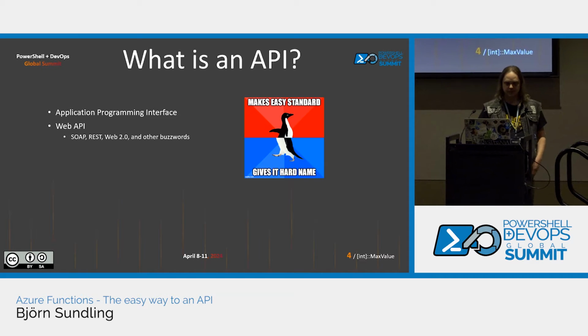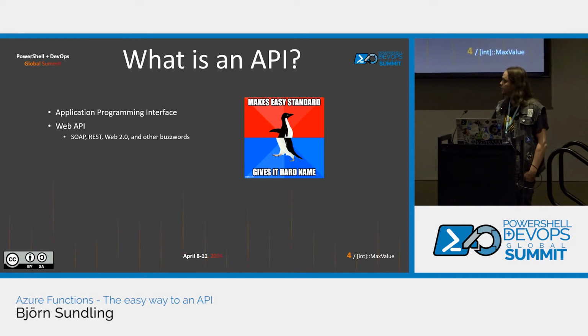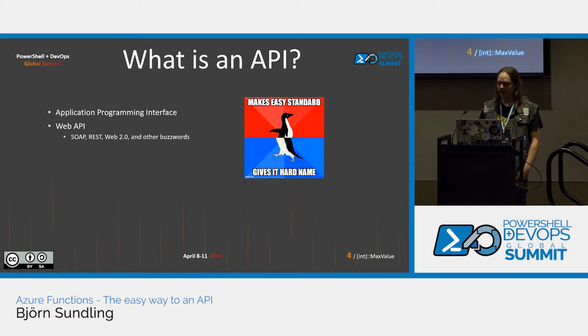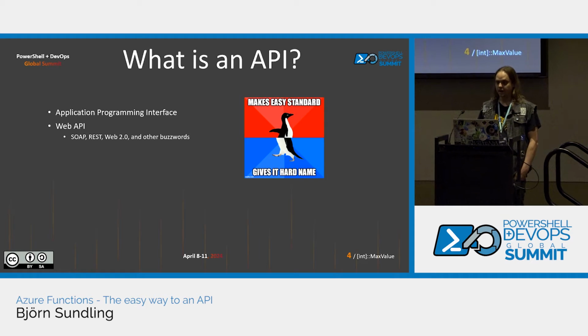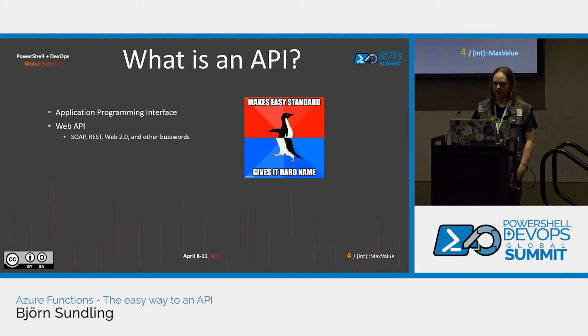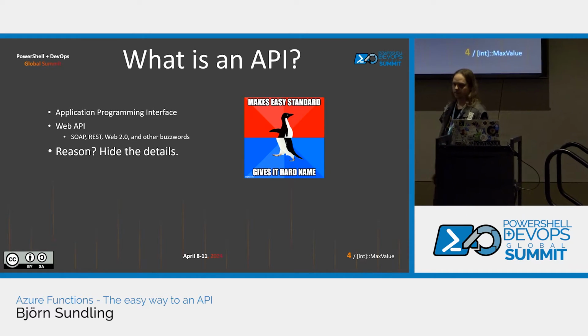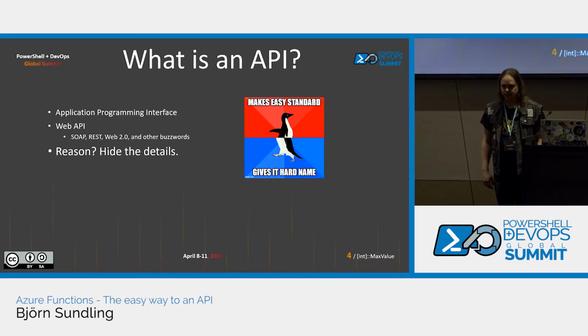And the reason for all this, why we started doing web APIs, or actually we kind of use web APIs and APIs interchangeably by now, so a lot of the times we just say I'm creating and deploying an API, whereas technically it's a web API. But the reason for this, of course, just like when we create functions or modules, is to hide the details.